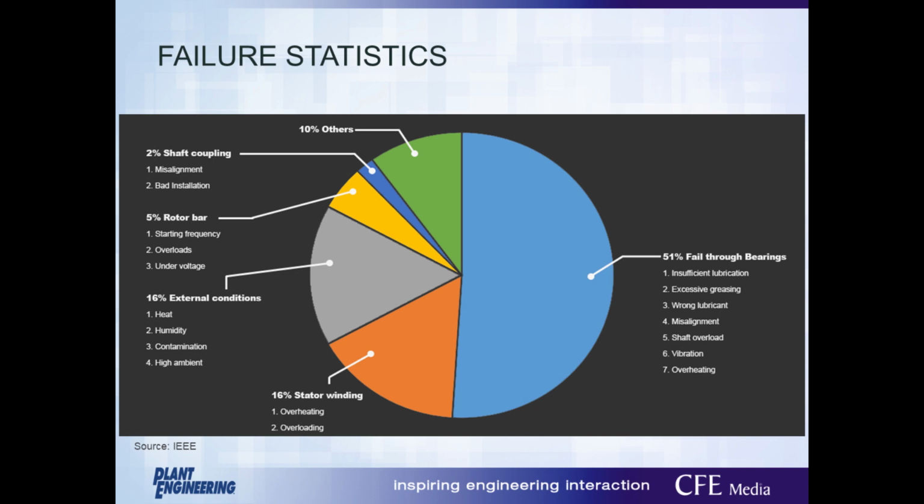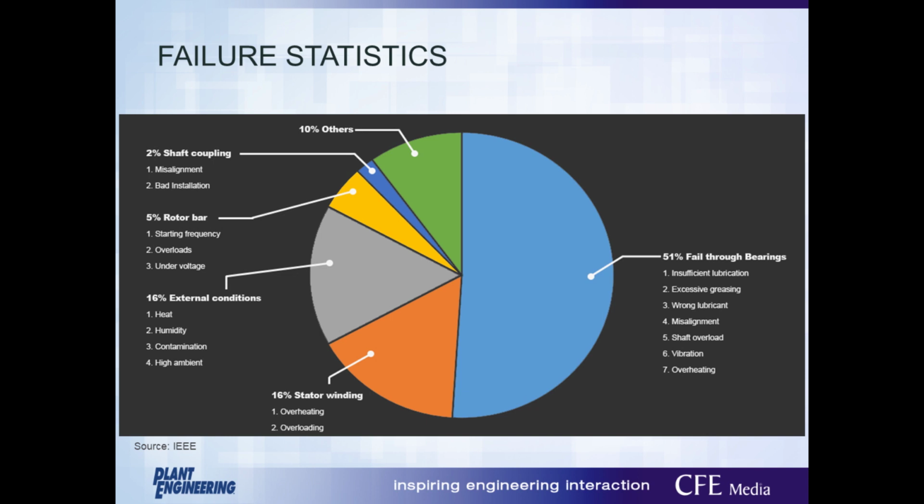So next we see the leading causes of motor failures. This is taken from the Institute of Electrical and Electronics Engineers website, IEEE. We see bearing failures very high on the list due to the issues mentioned earlier.